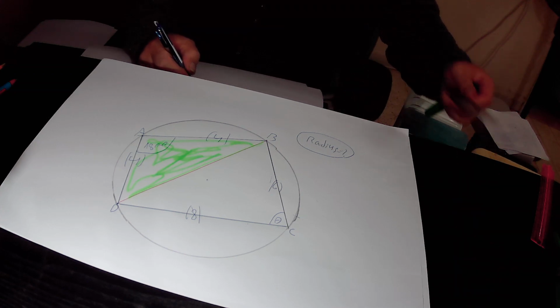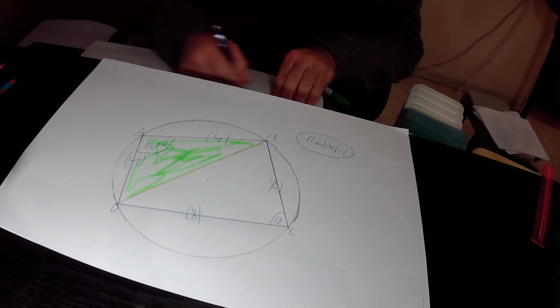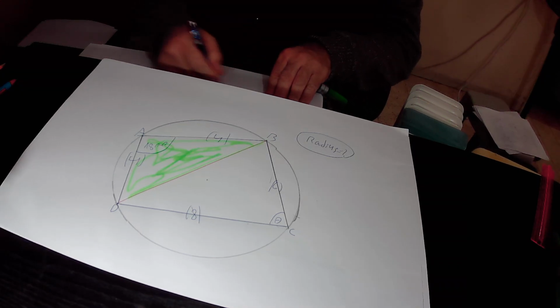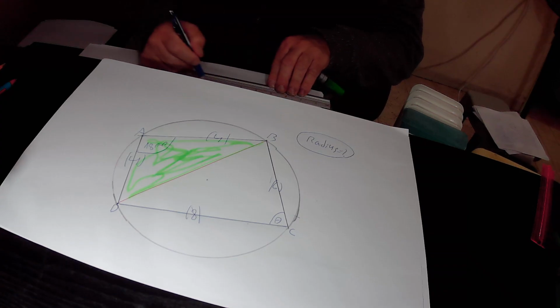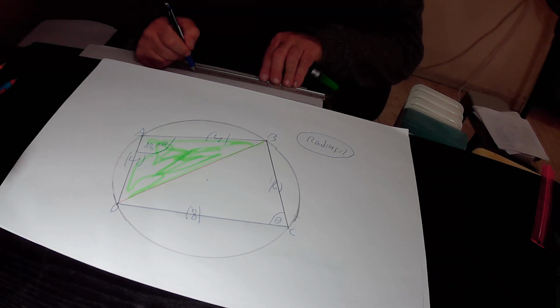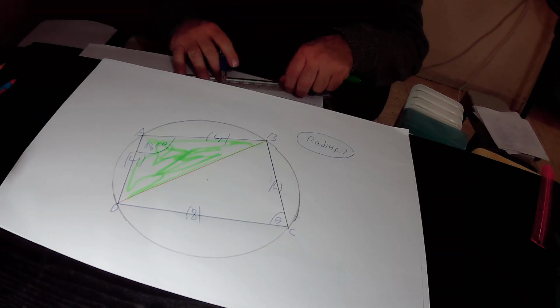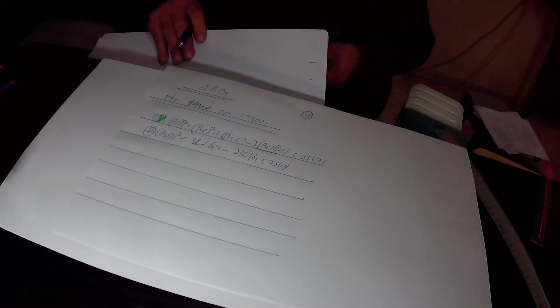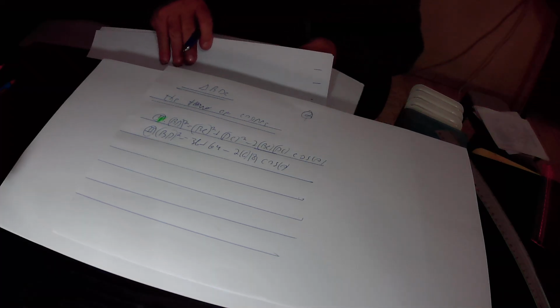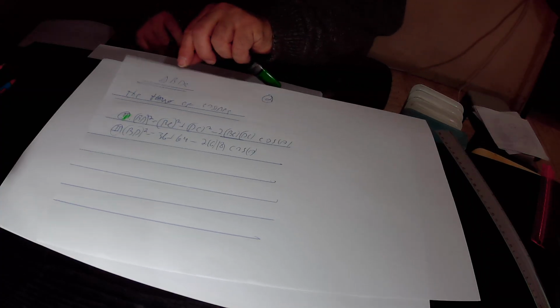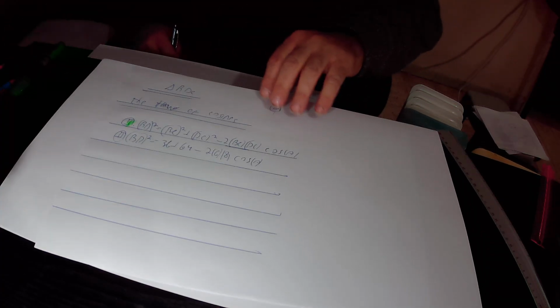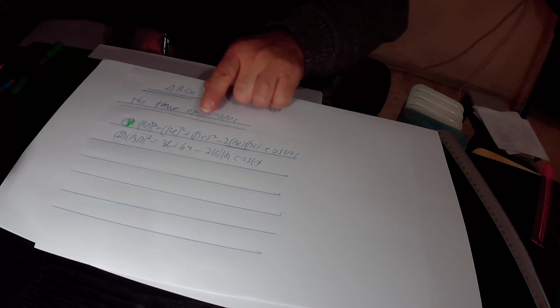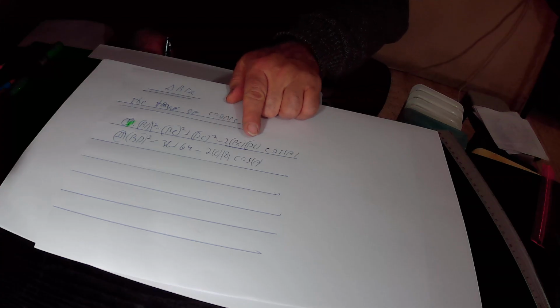So now according to equation 2, we found that BD square equals 36 plus 64 minus 2 times 6 times 8 times cosine theta.